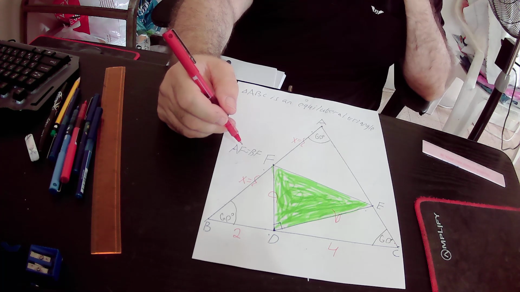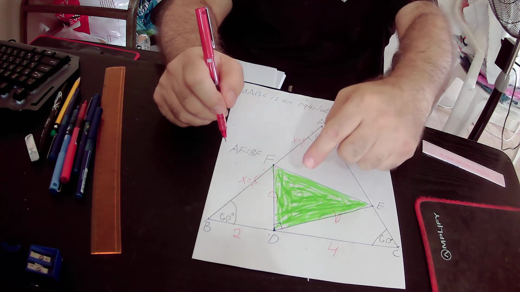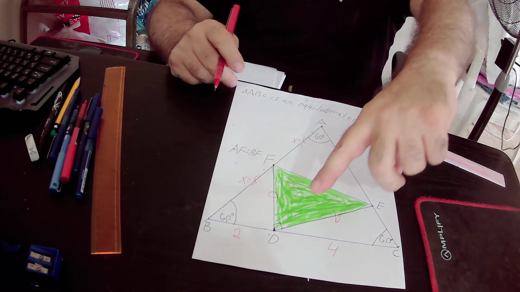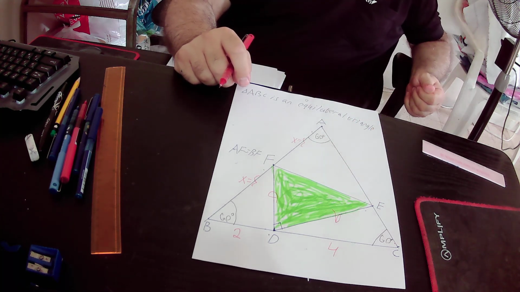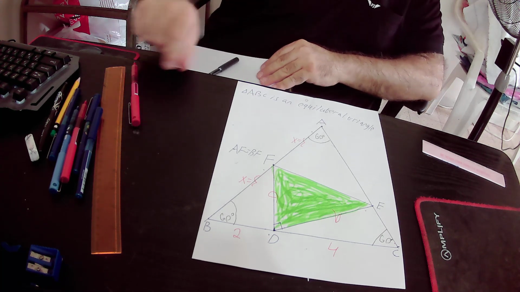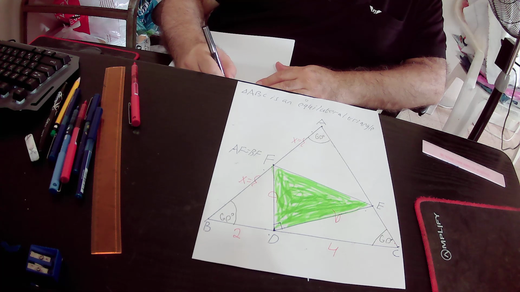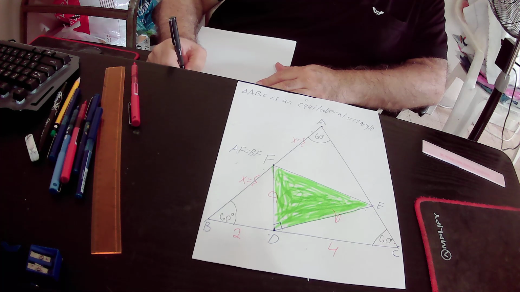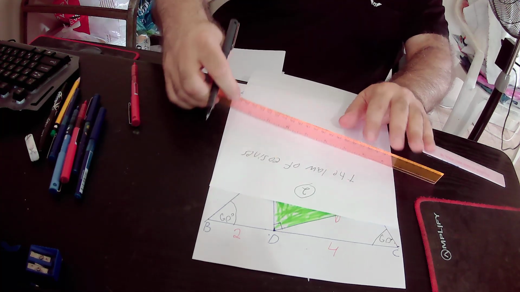in the next step we will find out the size of FD that equals B. We will find out the size of DE that equals A according to the law of cosines. So what is the law of cosines?